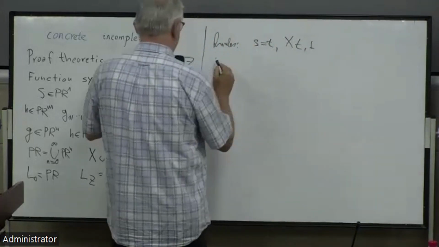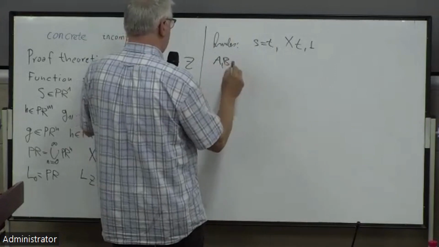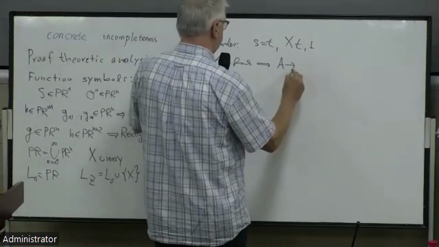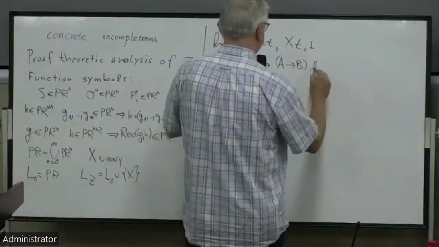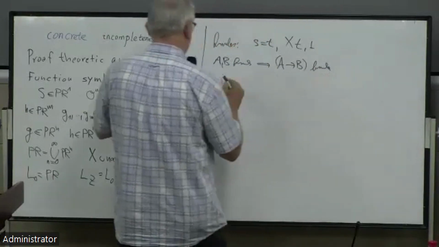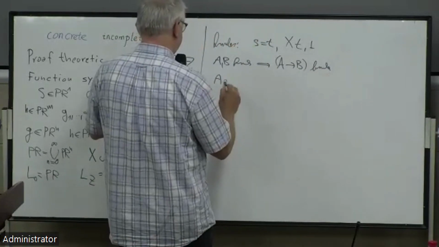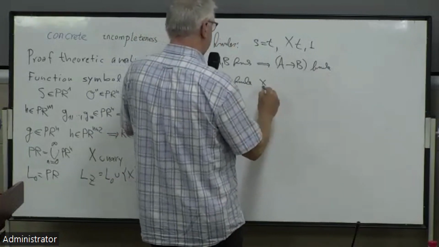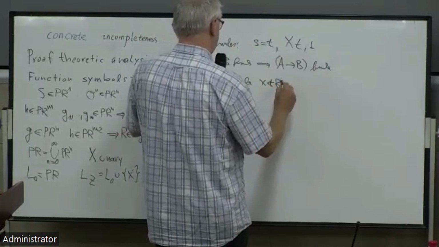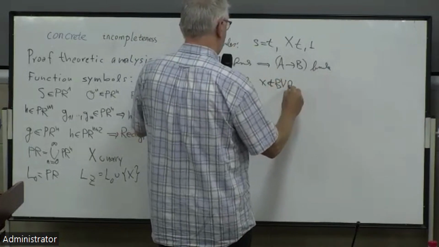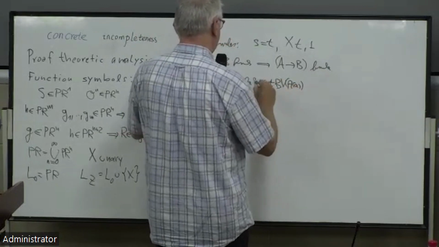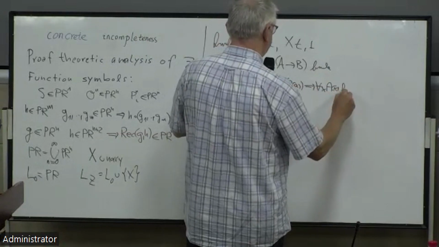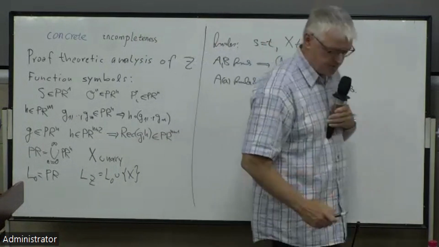And if A and B are formulas, then the implication from A to B is a formula. And if A is a formula, and x is not in the bound variables of A, then for all x, A of x is a formula. Okay, something similar we have seen yesterday.